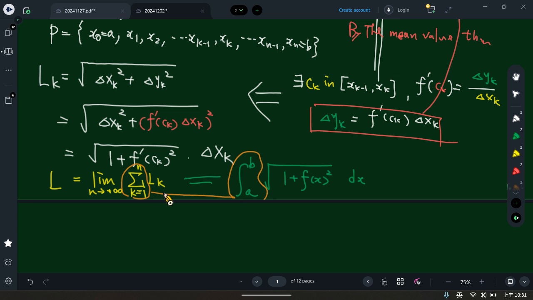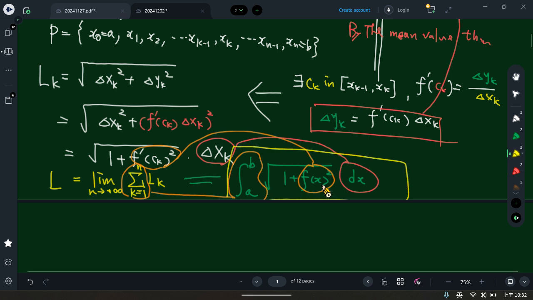The 1 here is 1, but as you have infinite numbers of subintervals, f prime of c_k will become f prime of x at each point. So you can see this can be mapped here. And then finally, delta s_k will become dx. So finally, what you need to memorize is this one.